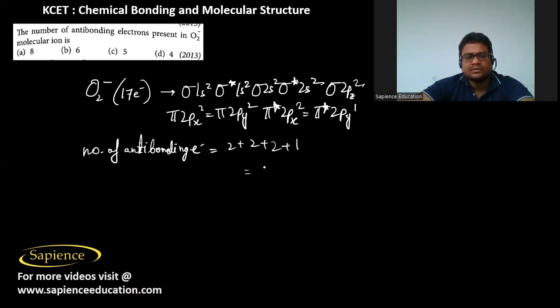So 6 plus 1, 7. So the number of antibonding electrons in the O2 minus molecular ion is 7.